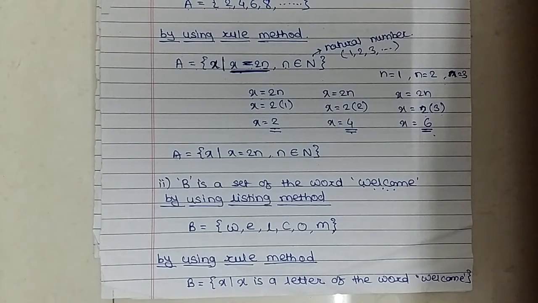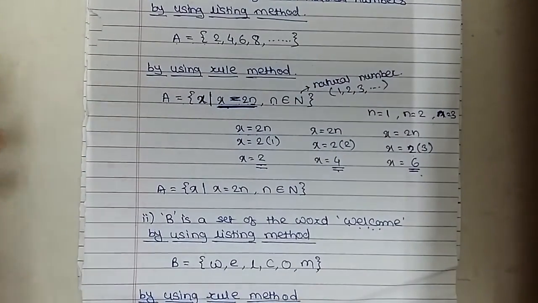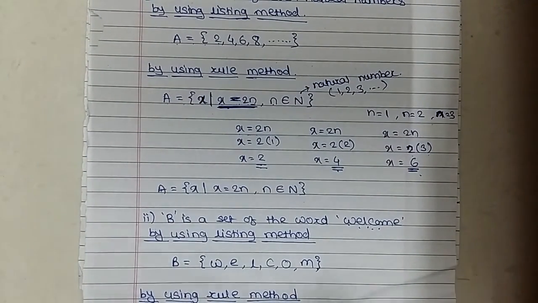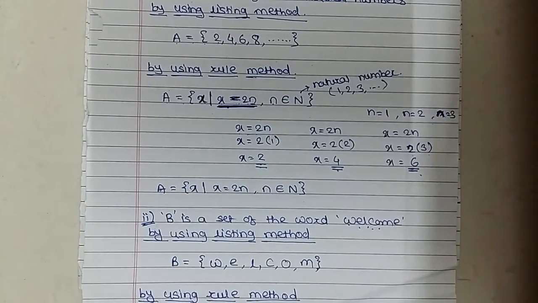B is equal to x such that x is a letter of the word welcome. So in this way you have to solve the two examples by using both methods, that is the listing method and the rule method.